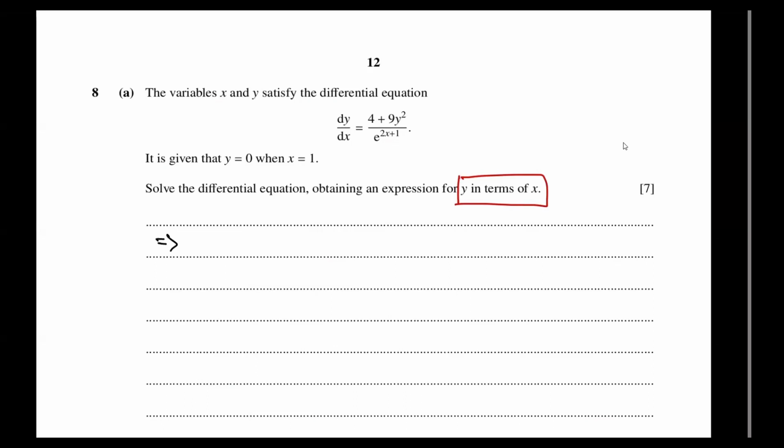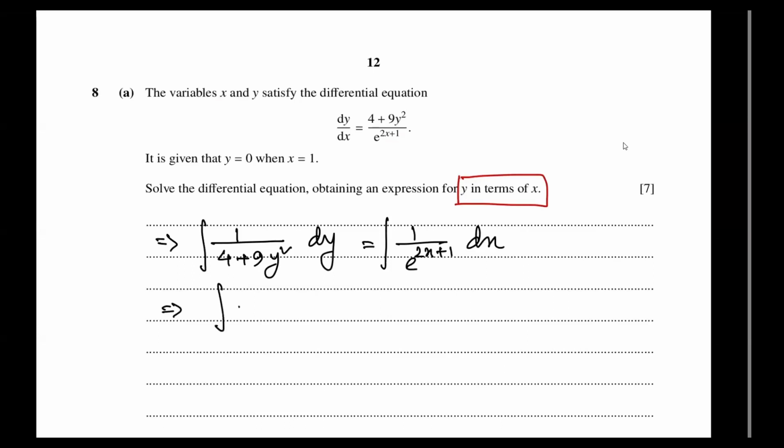If we separate the variables, we have here 1 by 4 plus 9y square into dy equal to 1 by e to the power twice x plus 1 into dx. Now we'll integrate on both sides. To integrate on both sides, here on the left hand side, you have to take 9 common, right? If you take 9 common here, we have y square plus 4 by 9.